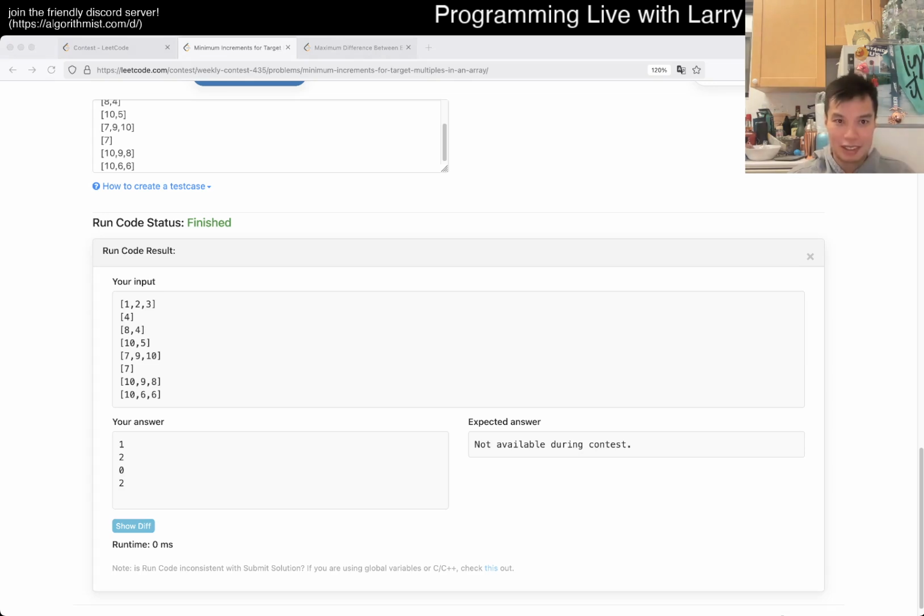Is there NetworkX in this? I forget how to use NetworkX.